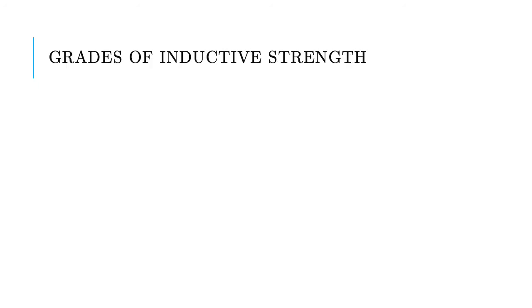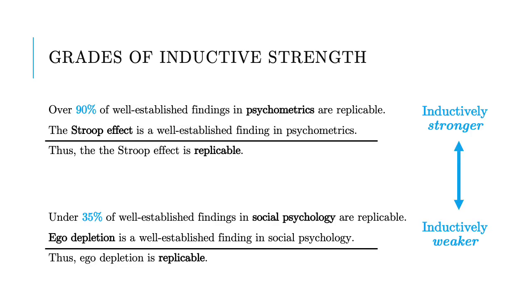More generally, we can begin to think of grades of inductive strength. So arguments come in terms of inductively weaker and inductively stronger inferences. And we can consider, for example, an inductively stronger inference being one where we observe that 90% of well-established findings in psychometrics are replicable, and that the Stroop effect is a well-established finding in psychometrics, and thus infer that the Stroop effect is likely replicable.